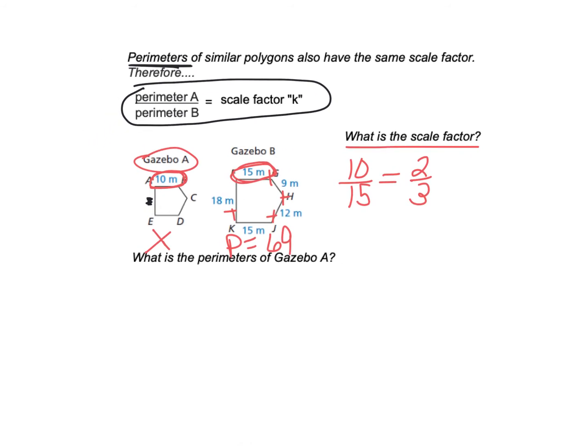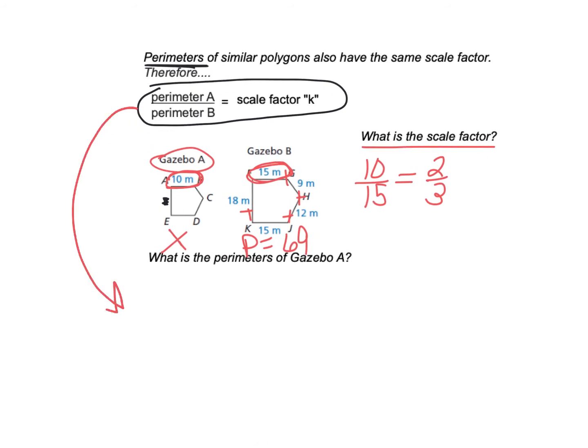So if we're going to look at this formula on how to figure it out, we're going to compare our perimeters. Okay, perimeter of gazebo A, we don't know, so we're going to put our x there. On the bottom is the perimeter of our gazebo B. Well, we do know that is 69. Over here, we are going to put our scale factor.